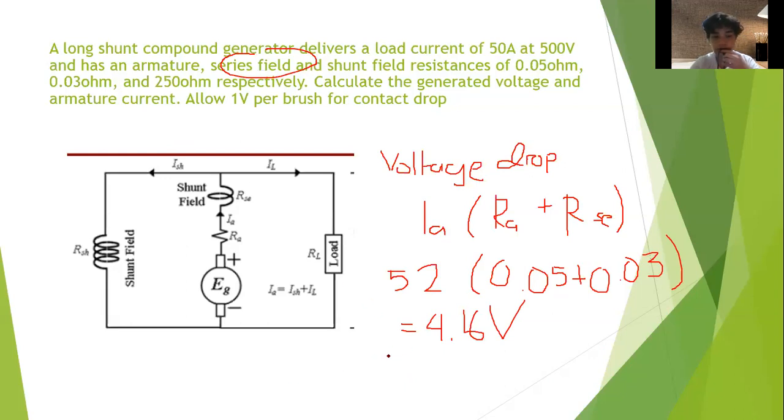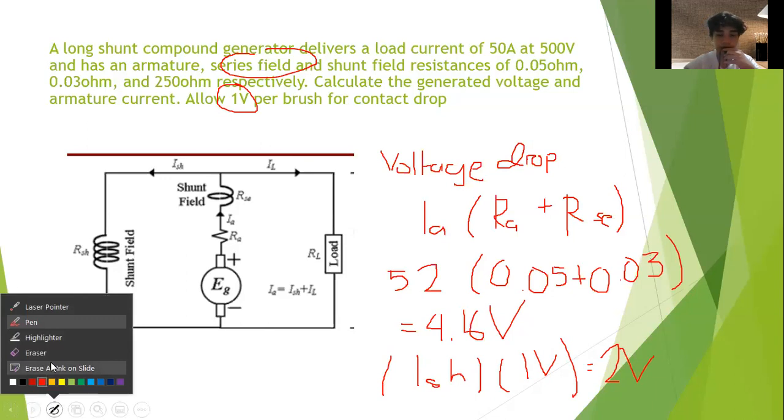Here we will use the shunt current, ISH, and multiply that by the 1 volt per brush. Then we will have 2 volts. That will be the voltage drop at the brushes.